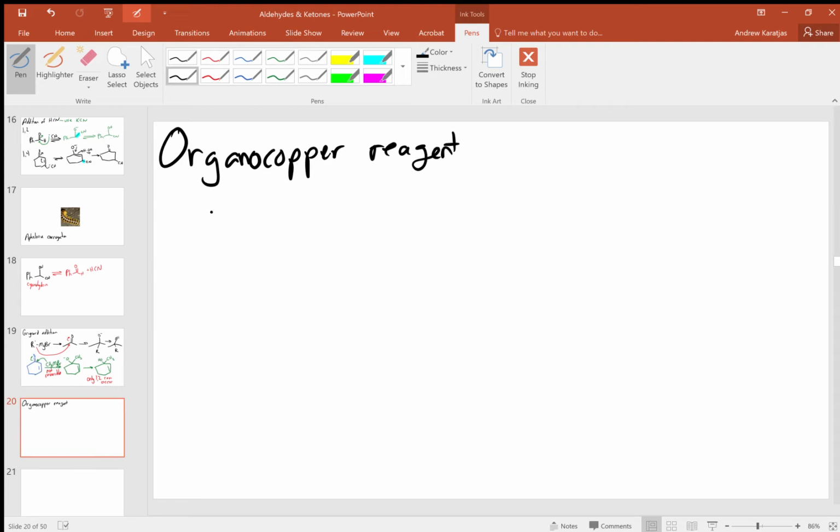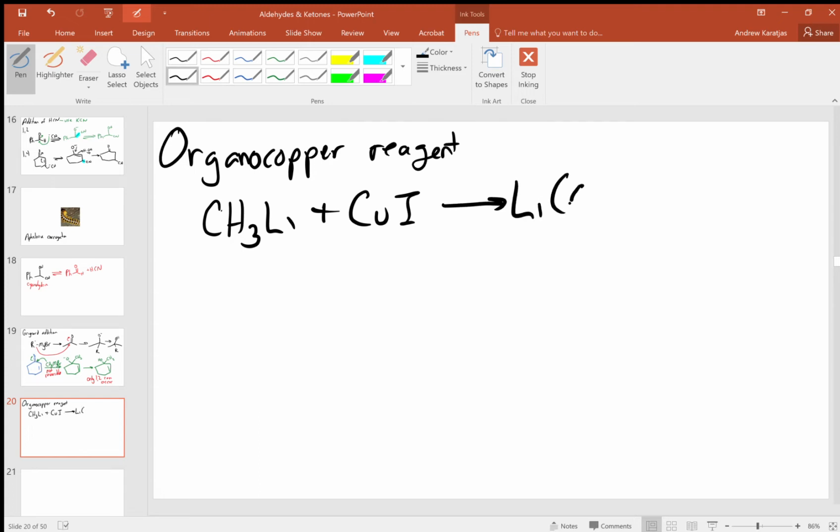Typically, you have to make these. You start with an alkyl lithium, so basically a carbon anion, and you add that to copper iodide. And that makes your organocuprate.